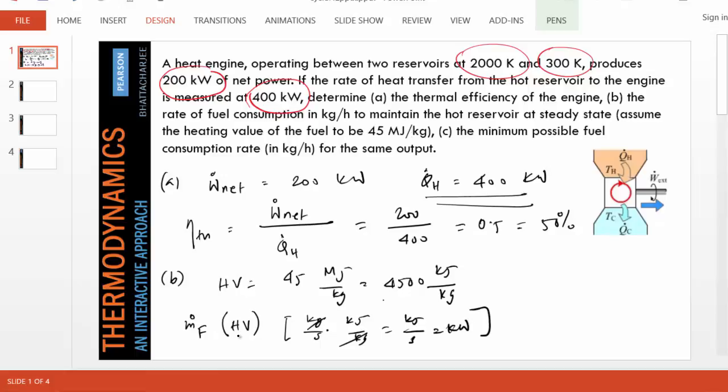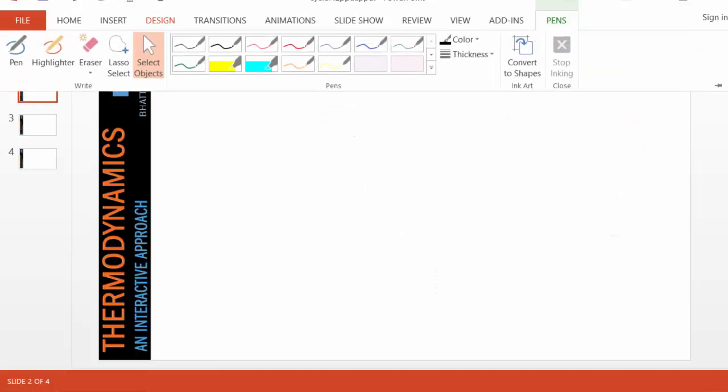So m dot f times hv must equal Q dot H, which is 400 kilowatt. So it's a really simple problem. All we are doing now is finding the fuel consumption rate, because the heating value is given.